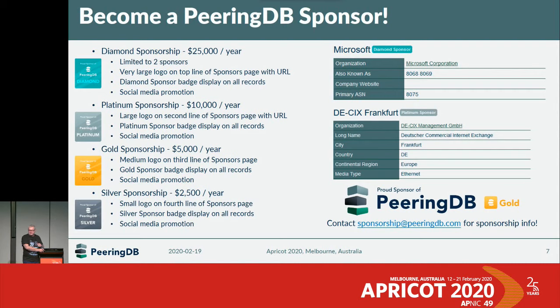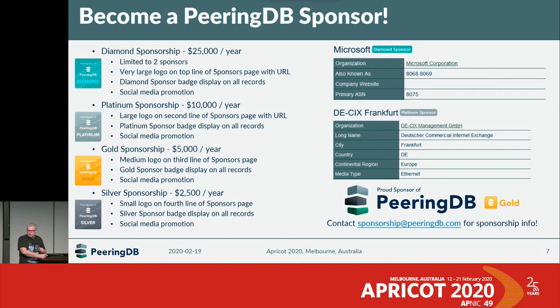I mentioned that the usage of PeeringDB is free of money. The same is true for membership. And to recover the cost, we rely on sponsorship. There are several sponsorship levels, beginning as low as $200 per month and going up to $25,000 per year.